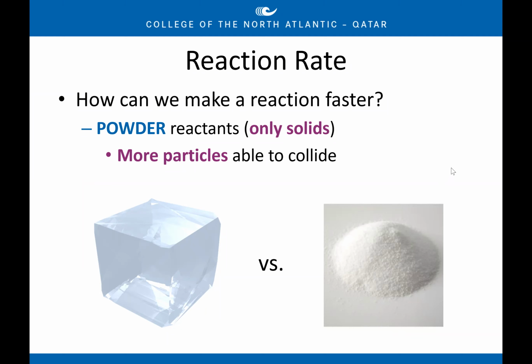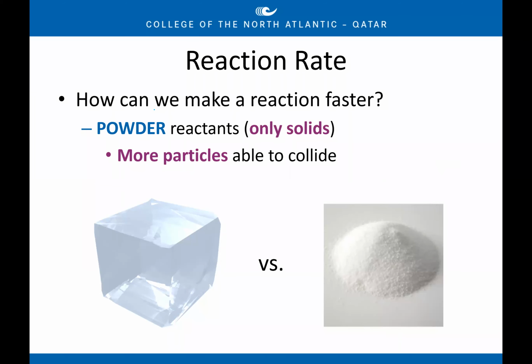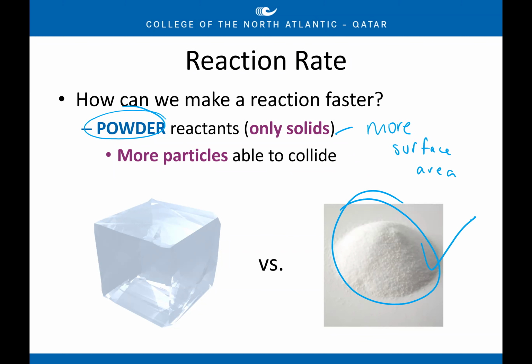You can also obviously get sugar for your tea or coffee in a powder. To dissolve it quicker, it's much easier to use a powder than a solid. And the reason is because there's more surface area. So this would dissolve faster than this.